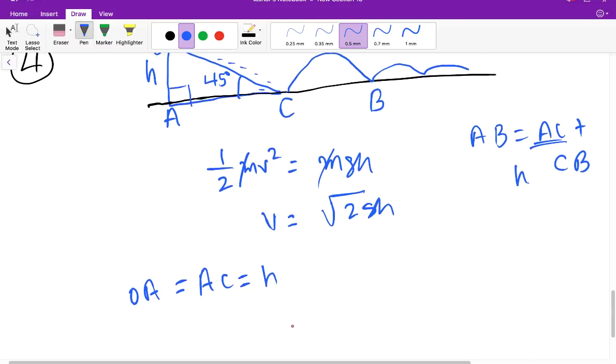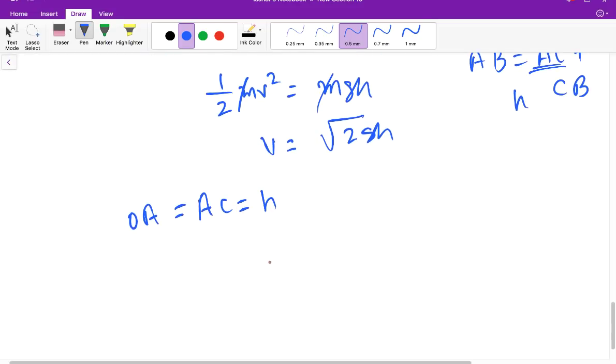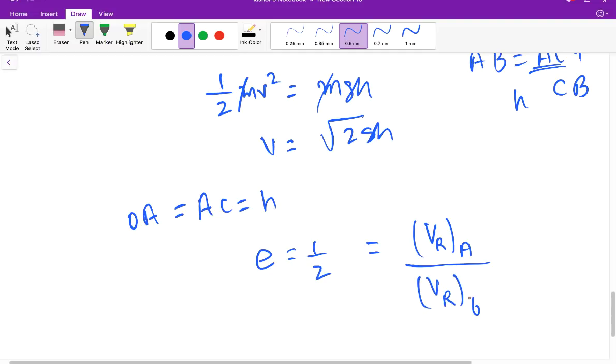Now we have been given that the coefficient of restitution, let's denote it by e, is half, and coefficient of restitution is basically relative velocity after collision divided by relative velocity before collision.